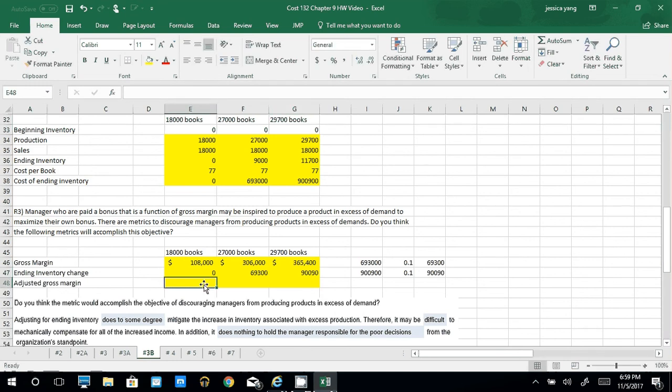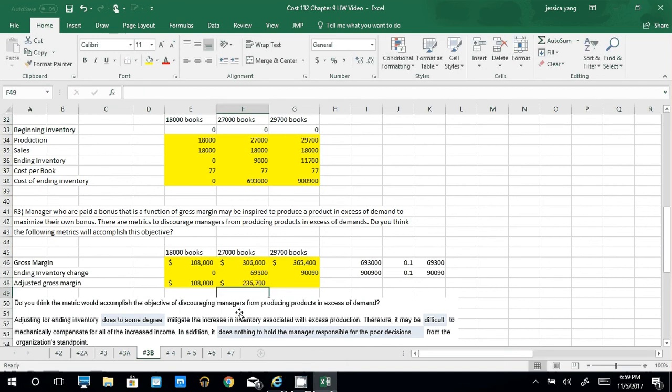Now to find adjusted gross margin, you would take your gross margin subtracted by your any inventory changes. But because I don't have anything for any inventory changes, I'm just going to go ahead and bring the number down. But for my 27,000 books, I would take my 306,000 and subtract the 69,300.